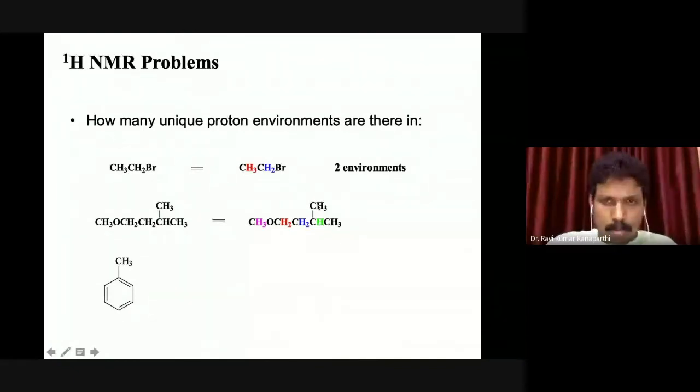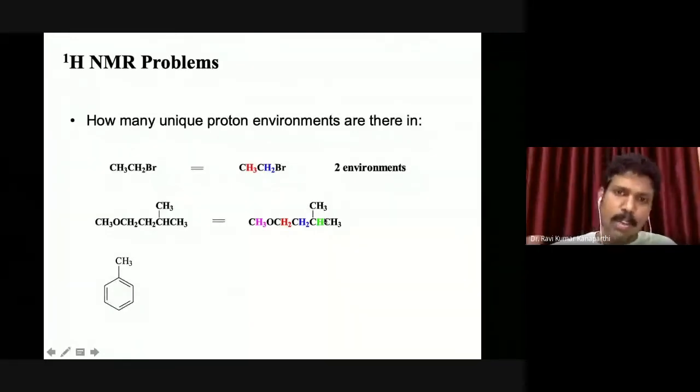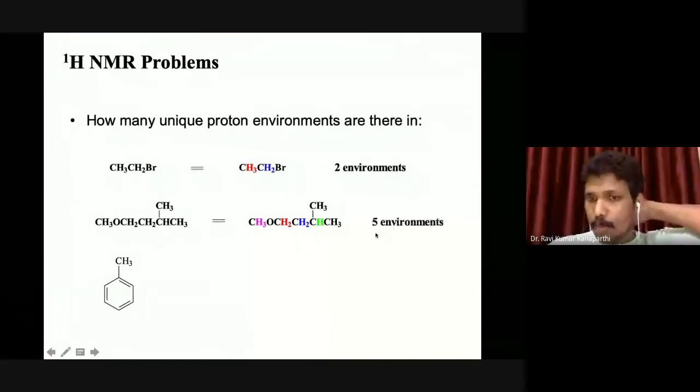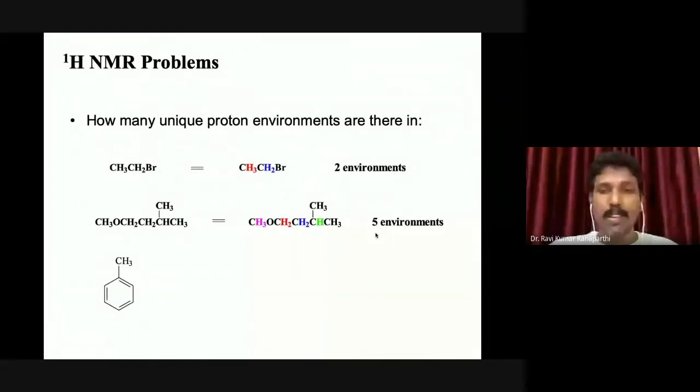Therefore, the isopropyl methyls will give one signal; they will resonate at one position and not at different positions. The methine proton is another one. So methyl 1, methyl 2, this CH2 and this CH2, total 4, and this methyl group is very near to the oxygen heteroatom, which is not present in the other molecule. So in total you are going to get 5 different environments, that means 5 different NMR peaks.